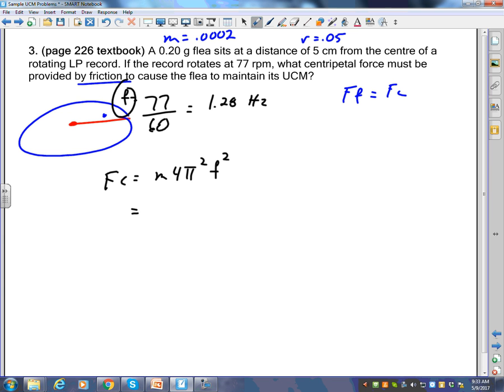So our mass is 0.0002 times 4 pi squared, which remember from yesterday was our K value, and the frequency is 1.28 squared. And so you get a centripetal force of, it's a flea, it's going to be tiny, 0.0065 newtons.